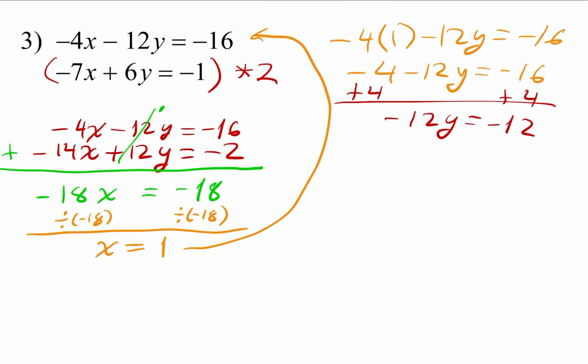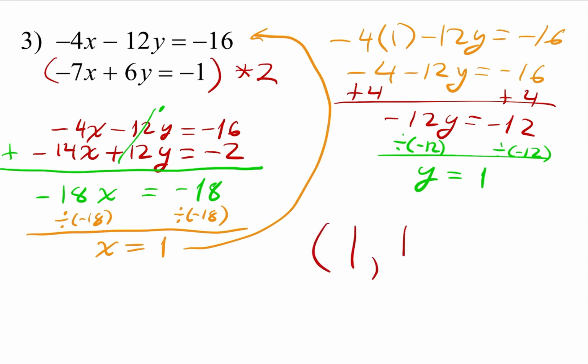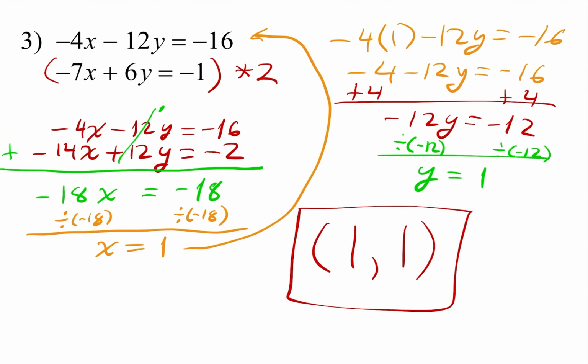And then turn the coefficient into a 1 by dividing by the coefficient. And that gives us y equals 1 as well. So our ordered pair is (1, 1). And that's when you have to multiply one equation by one constant.